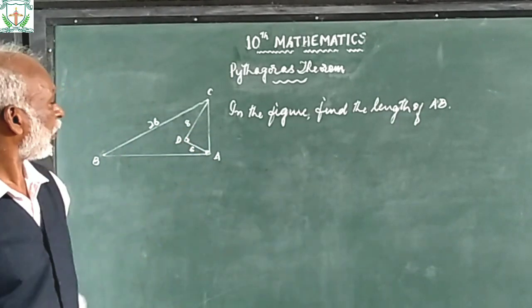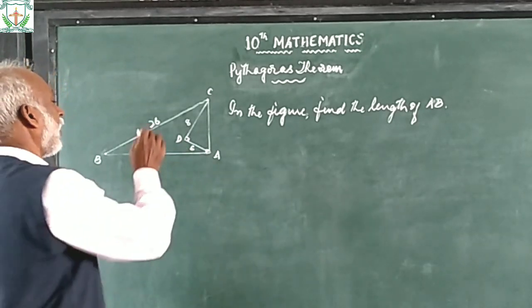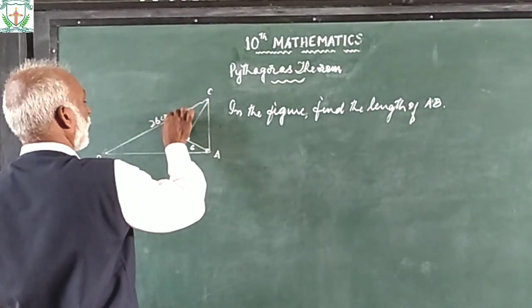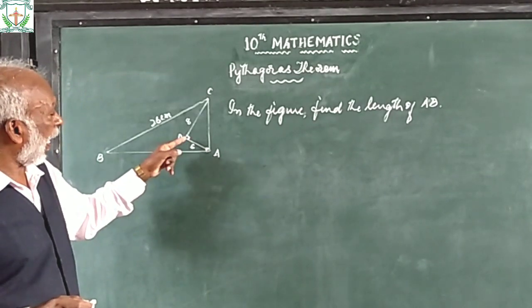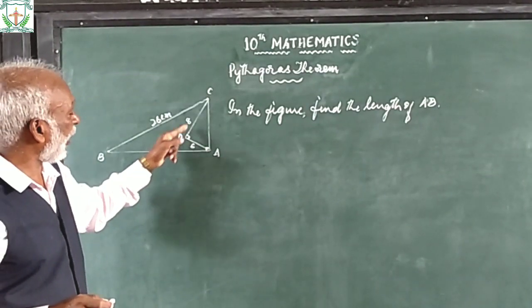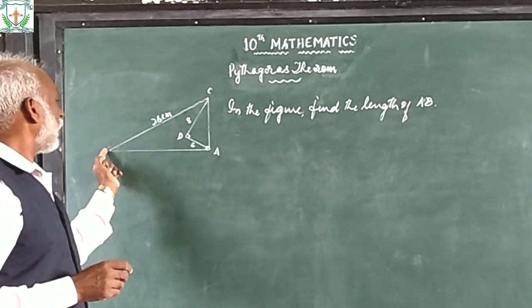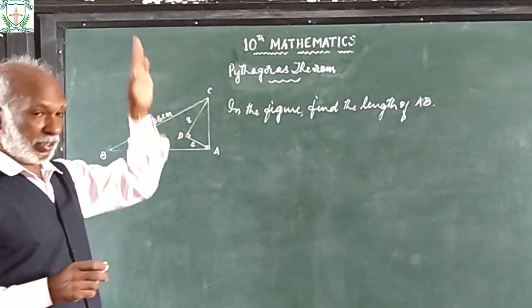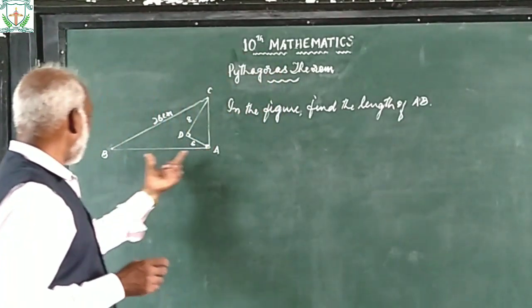The length of AD is 6 centimeters, and CD or DC is 8 centimeters and this BC is 26 centimeters. Find the length of AB.